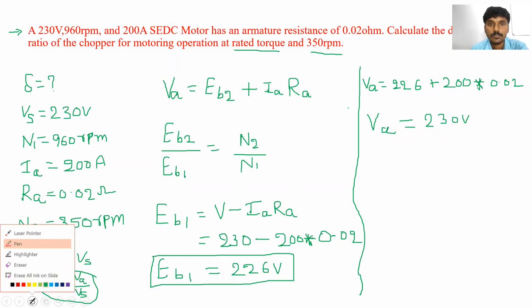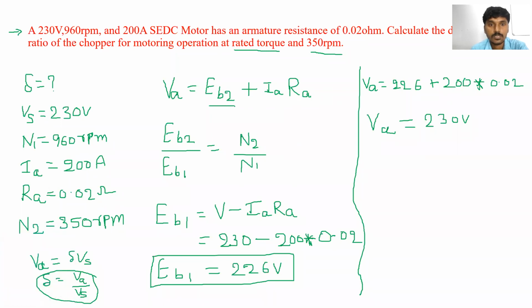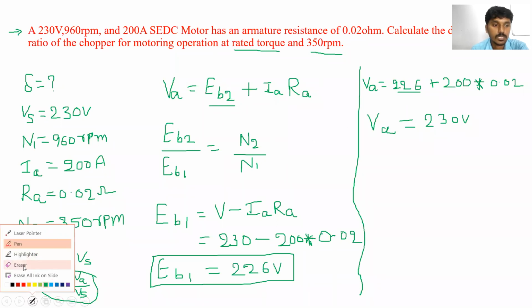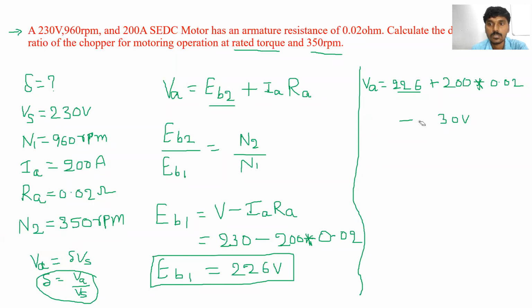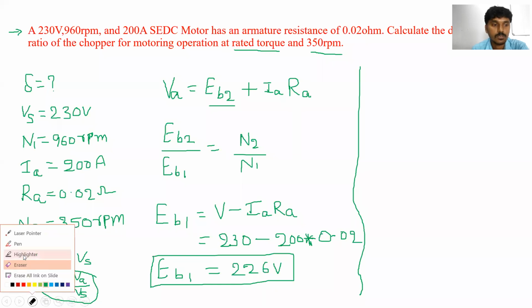Sorry, here we have to substitute EB2, but we have substituted the EB1 value, 226. This is the EB1 value. We have to find out the EB2 value.